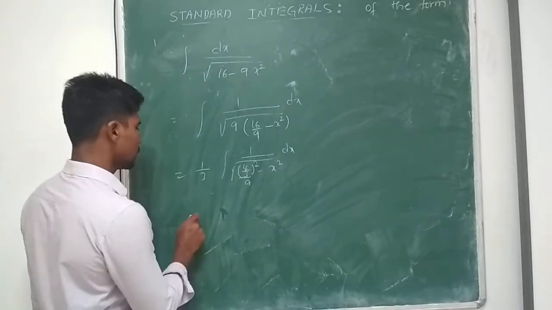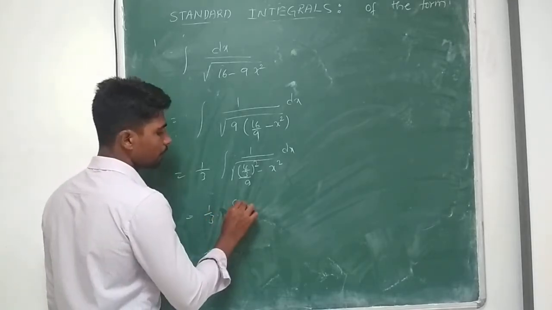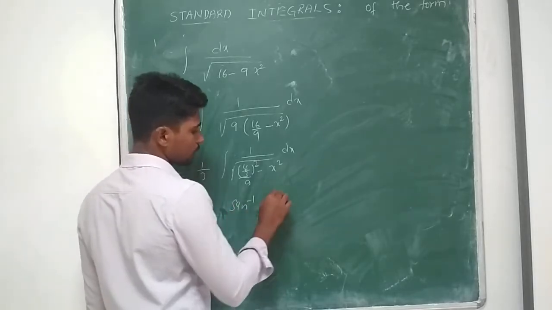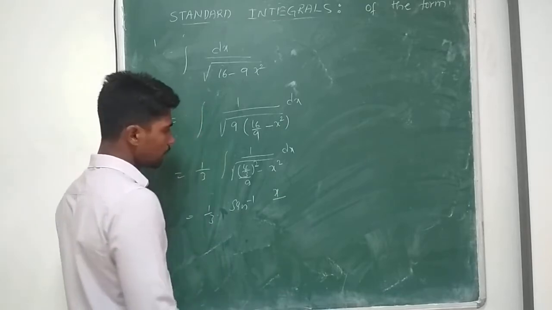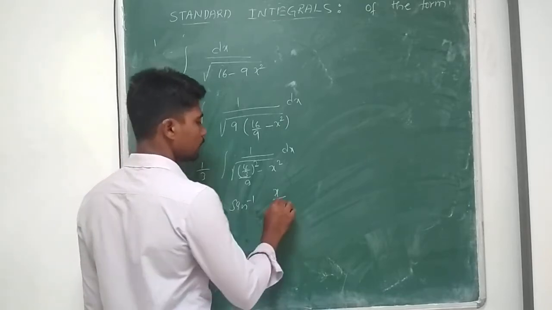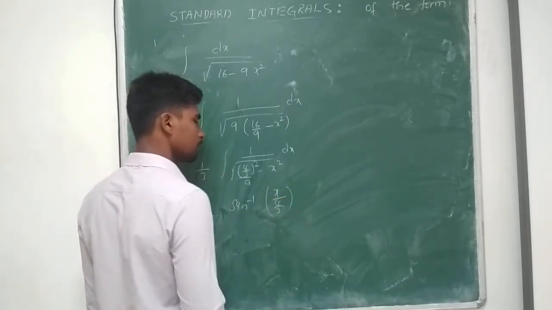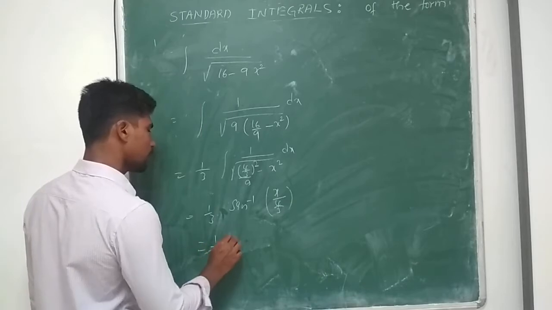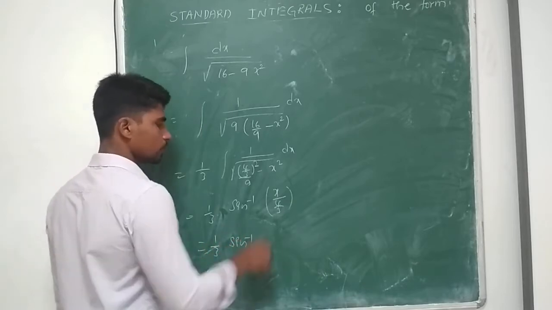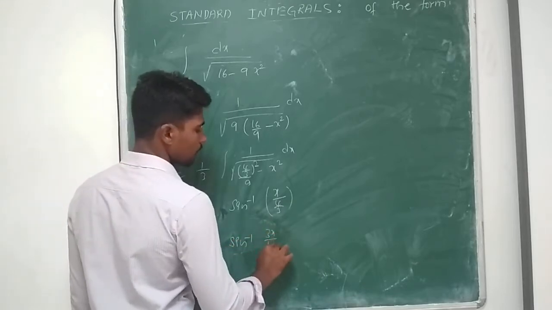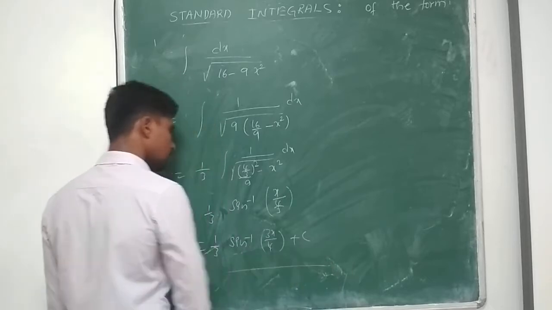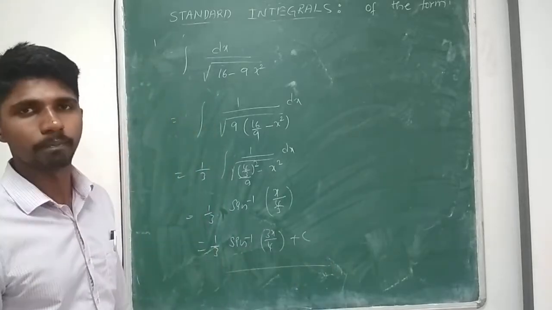So our answer is 1 by 3 into sin inverse x. In place of x I have x only. In place of a I have 4 by 3. So our answer is 1 by 3 sin inverse of 3x by 4 plus a constant c. Okay.